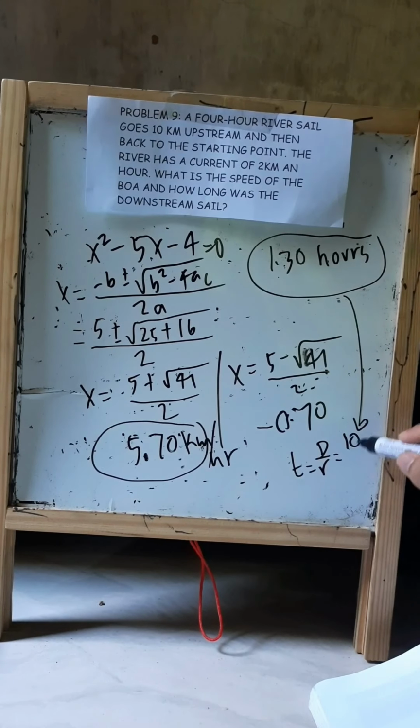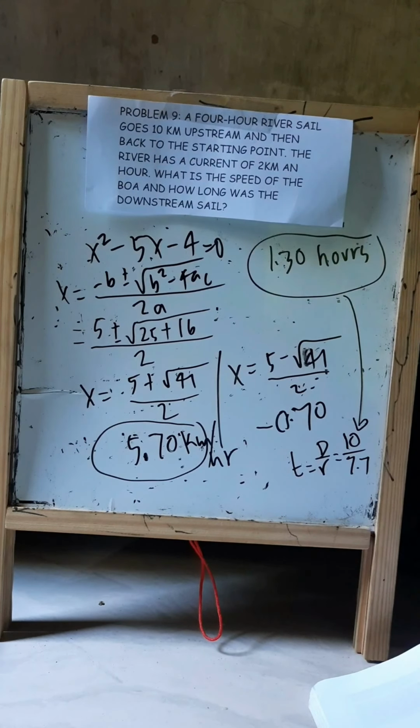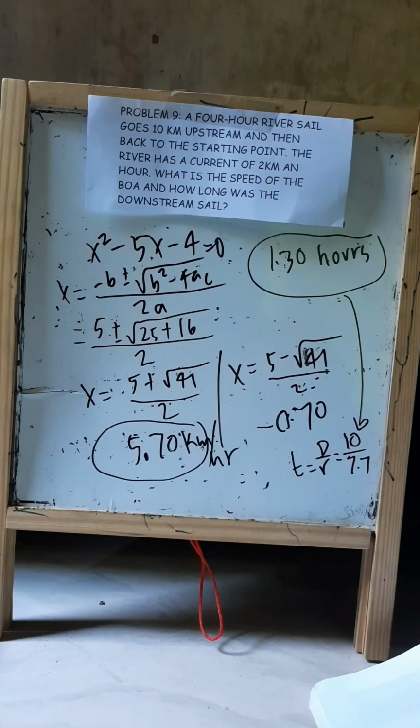So the distance is 10 divided by, kasi downstream yan, plus 2. So 5.70 plus 2 is 7.7. So 10 divided by 7.7 is yun, 1.30 hours, the time it took for the boat to travel downstream. Okay, that's for problem number 9.